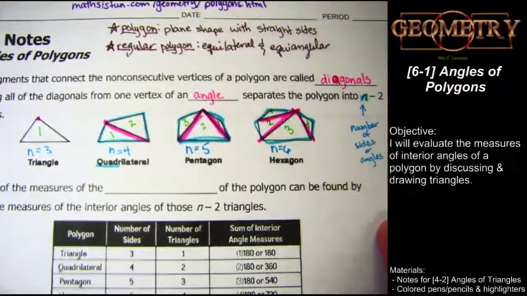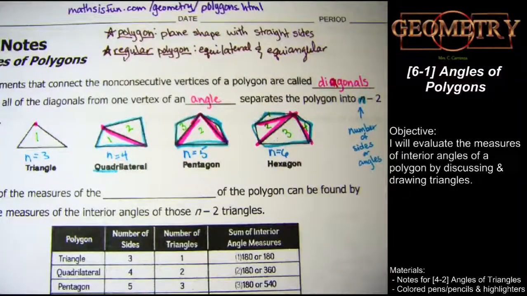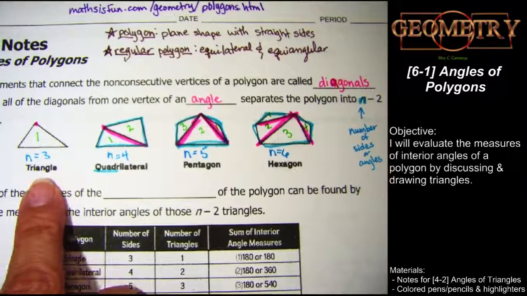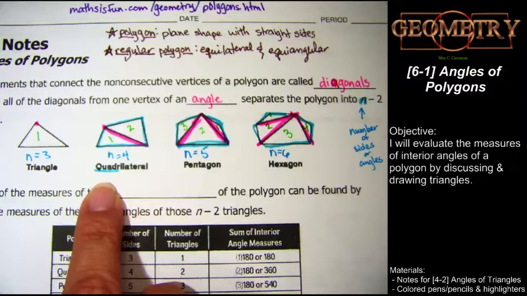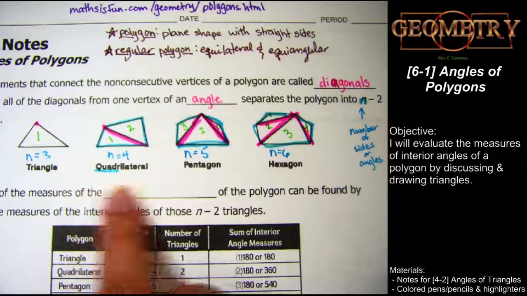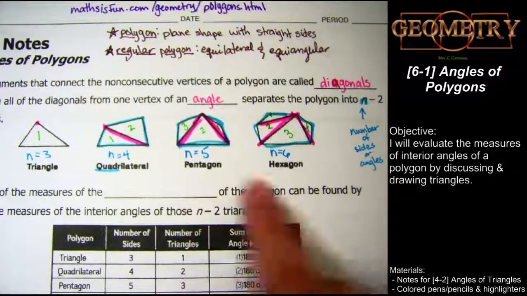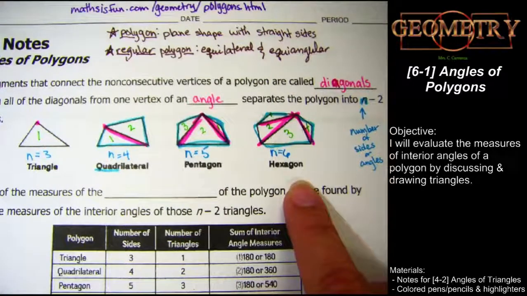The pattern said n minus 2 number of triangles. In a triangle, 3 minus 2 is 1. I have 1 triangle. In a quadrilateral, 4 minus 2 is 2. I have 2 triangles. In a pentagon, 5 minus 2 is 3. I have 3 triangles. In a hexagon, 6 minus 2 is 4 triangles.